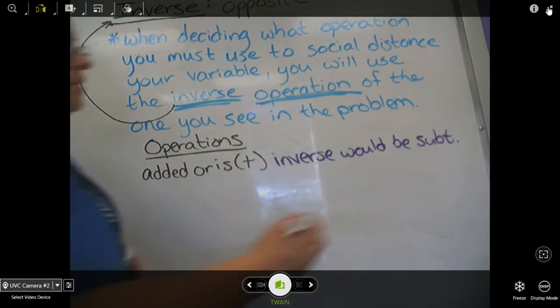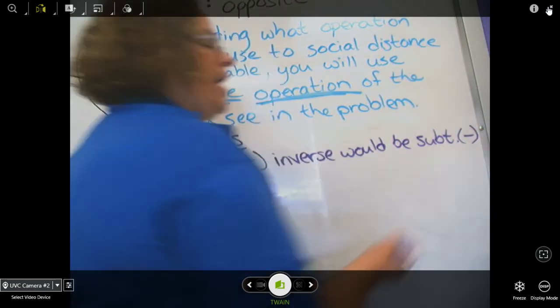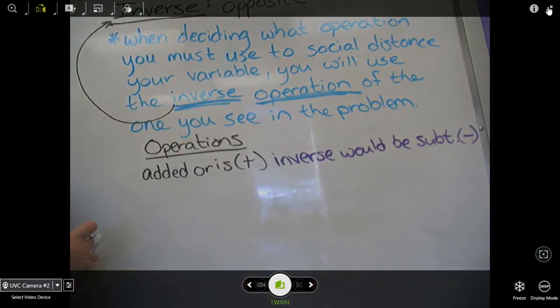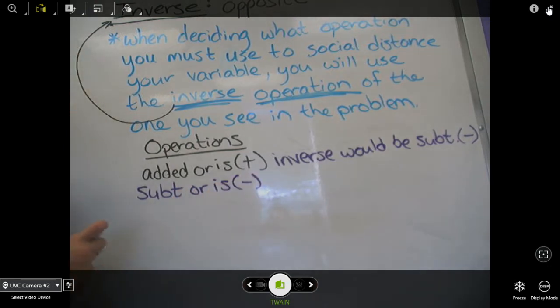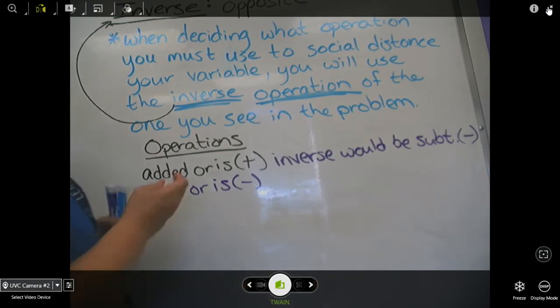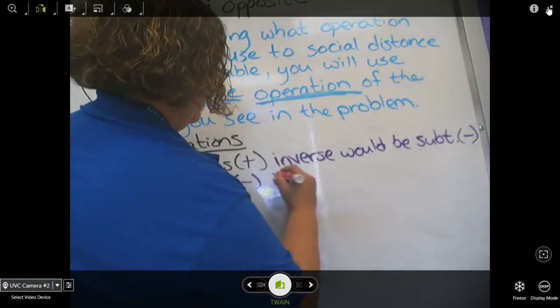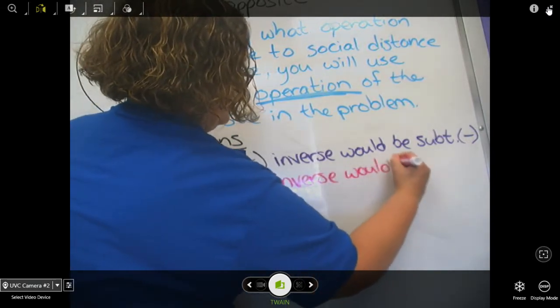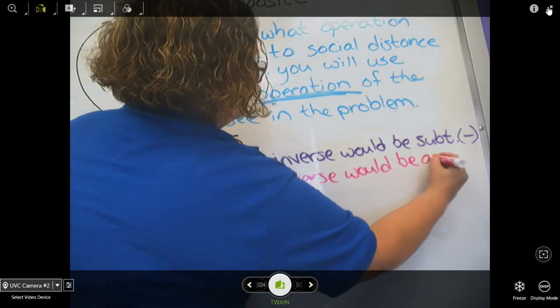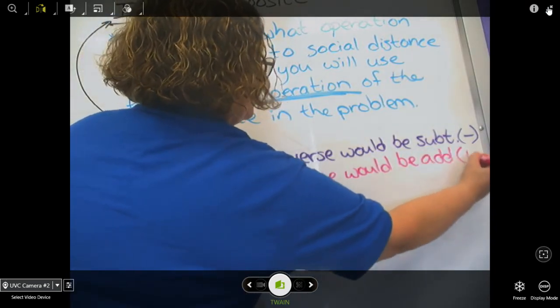We're going to subtract, which is going to be our negative. If something is being subtracted or is negative, then the inverse would be to add, or would be the positive.